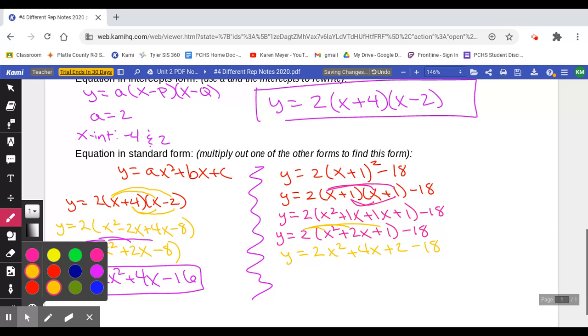And finally, combine like terms: 2x squared plus 4x minus 16. It gives you the exact same answer. So it doesn't matter which one you pick. Whichever one you feel more comfortable with, choose that route, whether it's intercept form or vertex form. But pick one of them and go forth. And that's it.